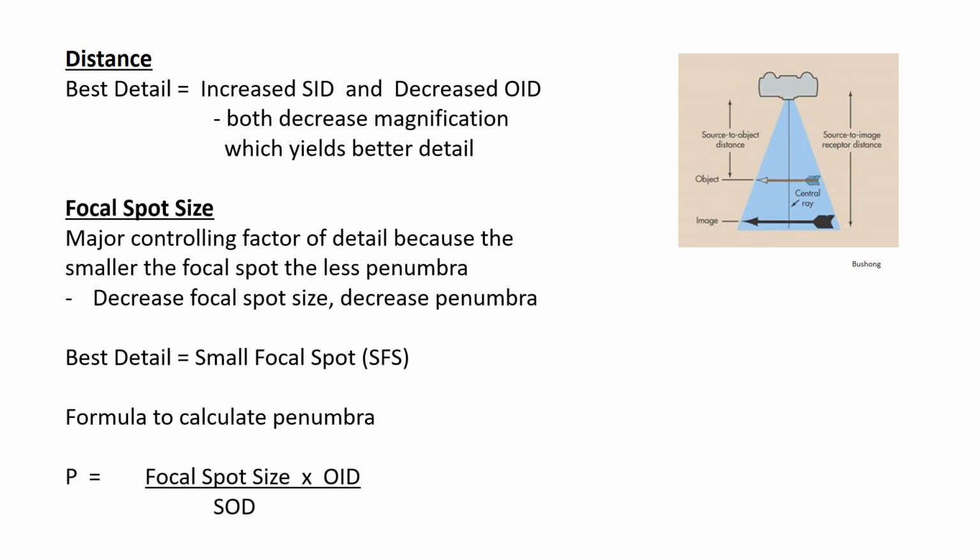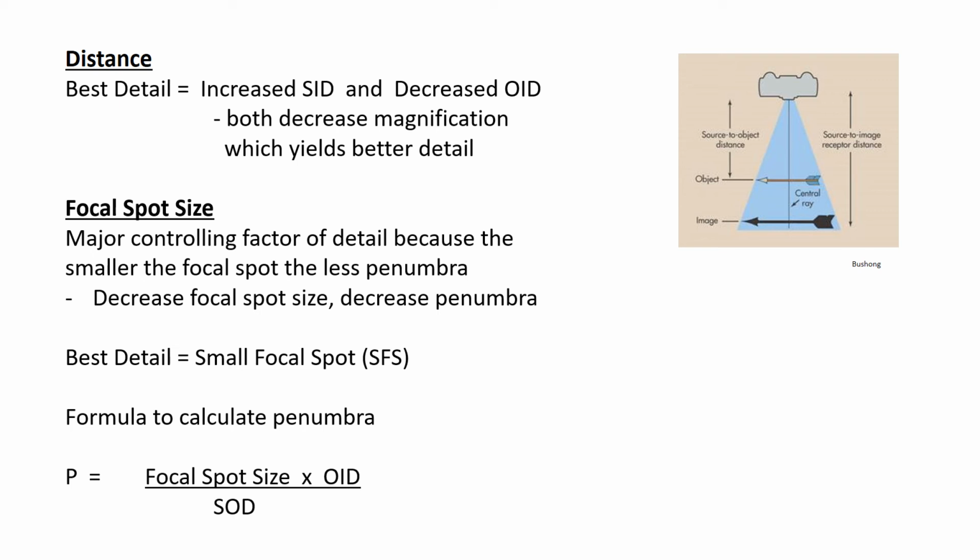Focal spot size is the major controlling factor of detail, because the smaller the focal spot, the less the penumbra. You decrease the focal spot size, you decrease the penumbra. So you get your best detail with a small focal spot.